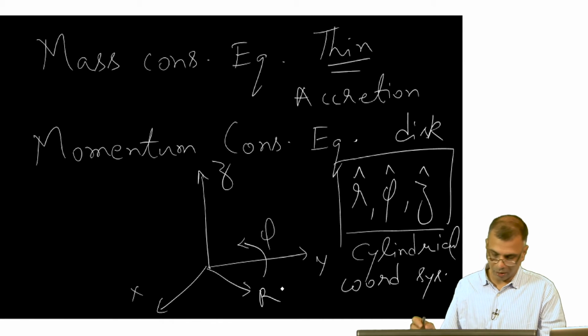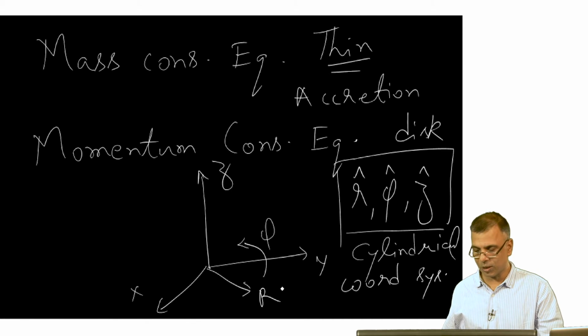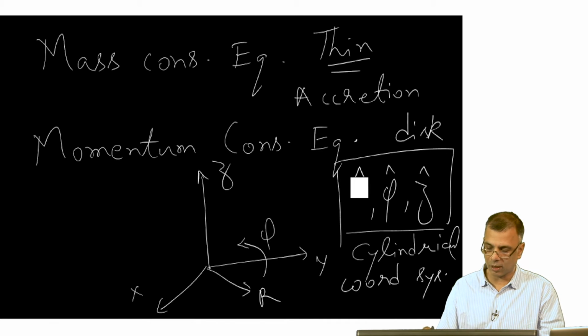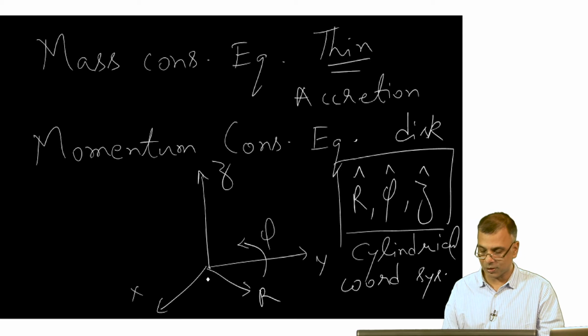It's also good to write it this way because I distinguish between the spherical R and the cylindrical R that I'm using. Remember, the spherical R would be pointing somewhat like this, whereas the cylindrical R is pointing outwards and it's always in the xy plane.